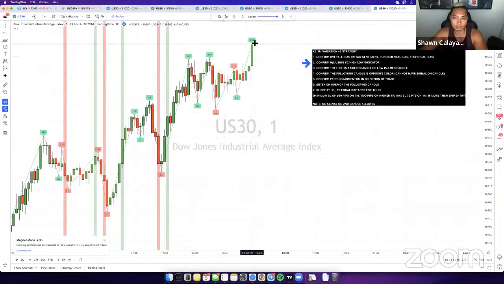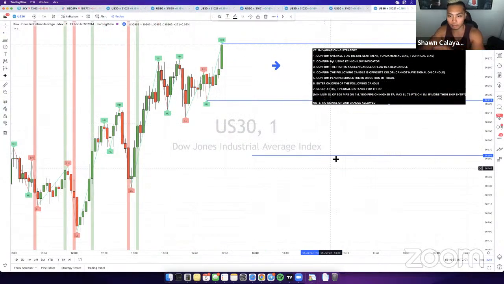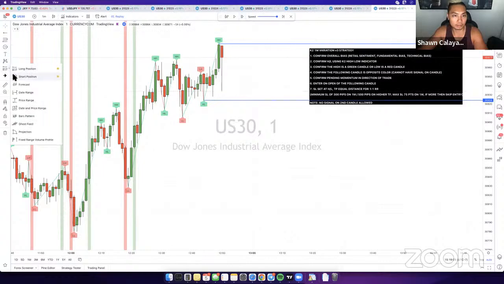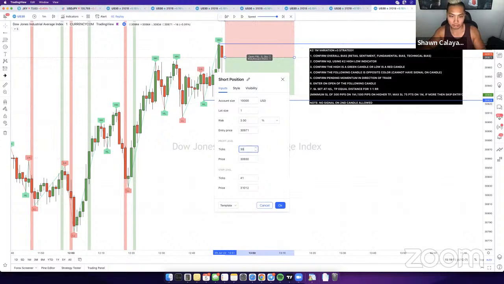So if you're looking for a V3 here, you're looking for the most recent high low, which should be this one. And it doesn't matter if it's a higher high or a lower low. So confirming the most recent high low, it would be this one and this one right here. So if we were to take the trade here for a V3, I don't think this is a V3, but just using it as an example.